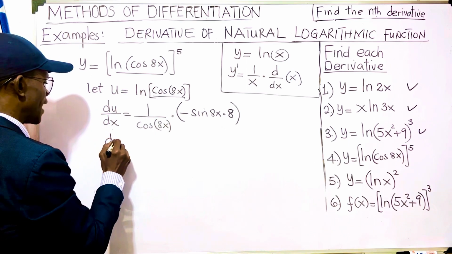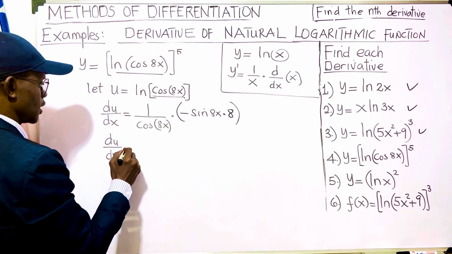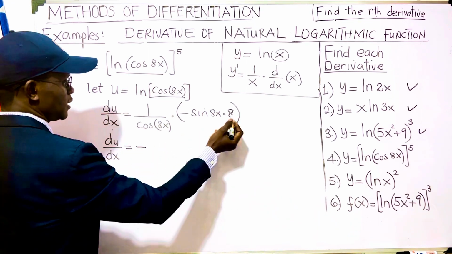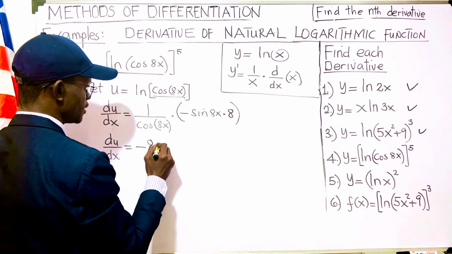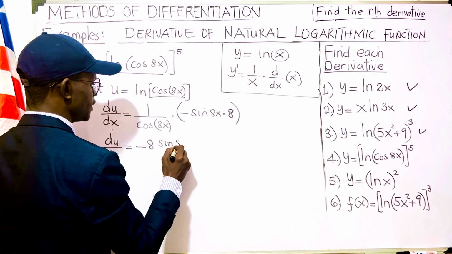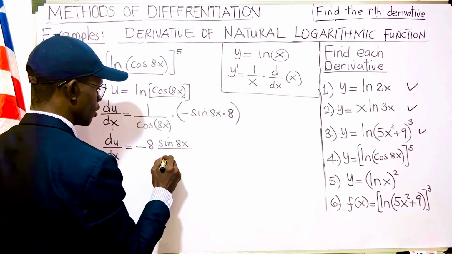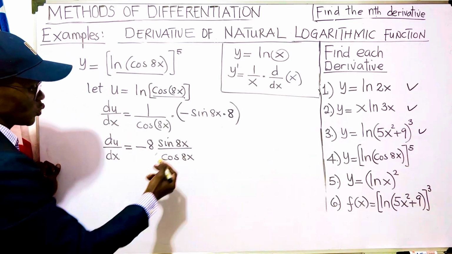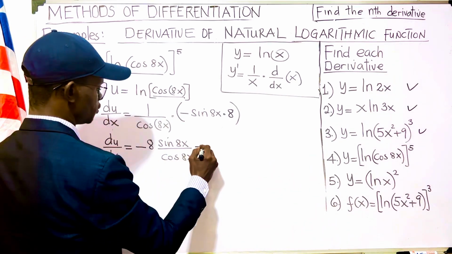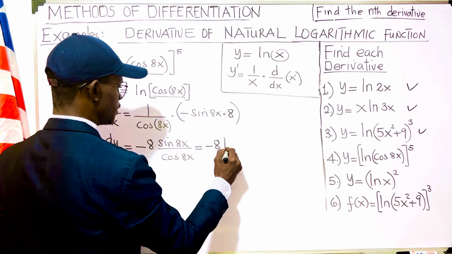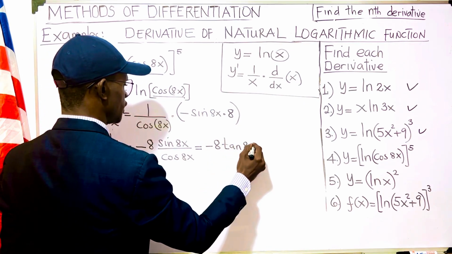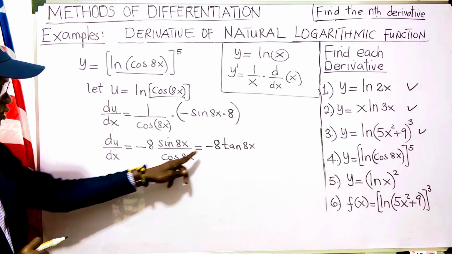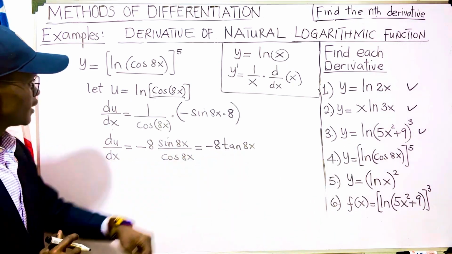So du by dx is negative 8 sine of 8x all over cos of 8x. We know that sine over cos is tangent, so it's minus 8 tangent of 8x.